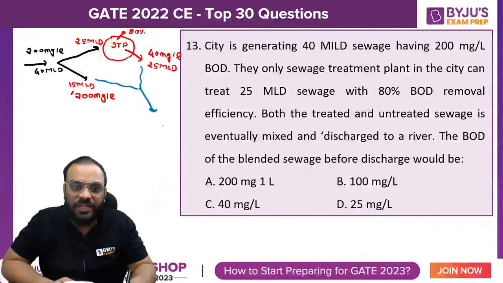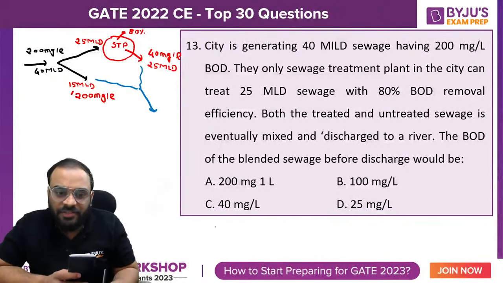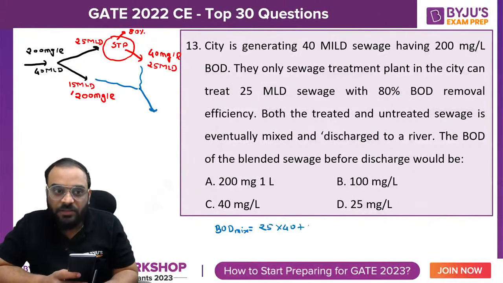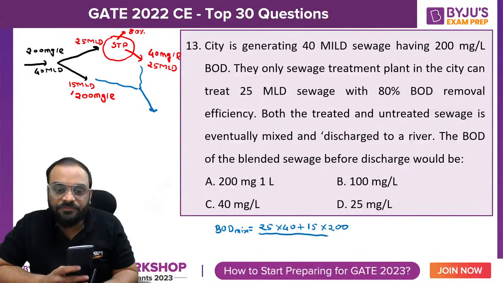Very simple thing, it is a weighted average. So let me write it: BOD of mix is 25 multiplied by 40 plus 15 into 200, divided by total discharge, 15 plus 25.